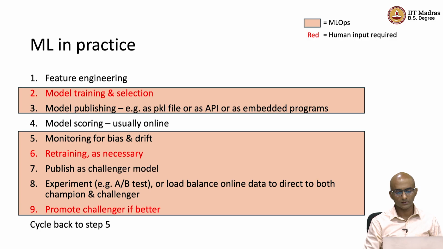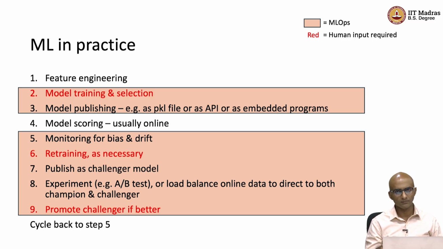So the steps outlined here are the classical machine learning workflow, starting off with feature engineering, then model training and selection, then the publishing of the model, especially as a pickle file or as an API or as a container. Then the model gets used, which is the act of scoring, and usually this is done in an online fashion. Then you continuously monitor that for bias or drift, etc.